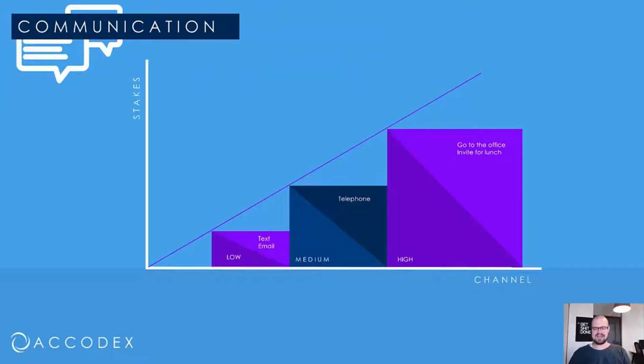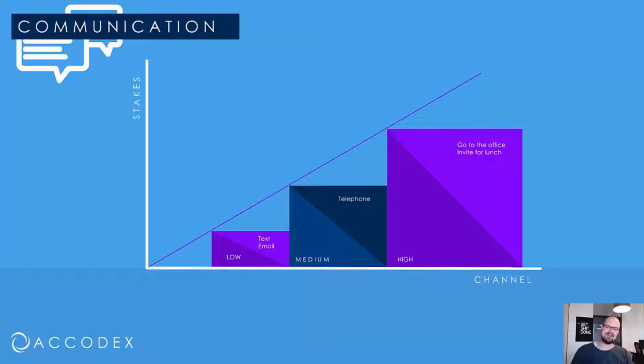In terms of the communication, once you've made the initial contact, I wanted to introduce you to this notion of the communication gradient. As I said from the outset, this applies just as well to client relationships as it does to the sales process. On the vertical axis, I talk about the stakes, and on the horizontal axis, I talk about the channel or the medium with which you communicate.